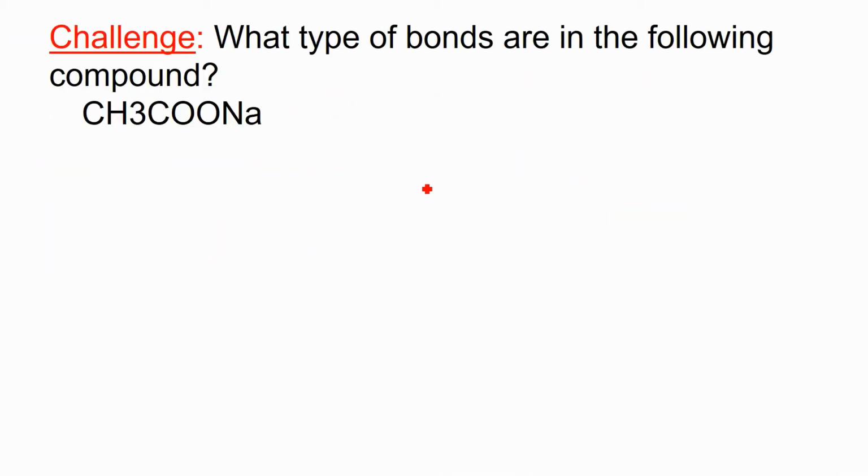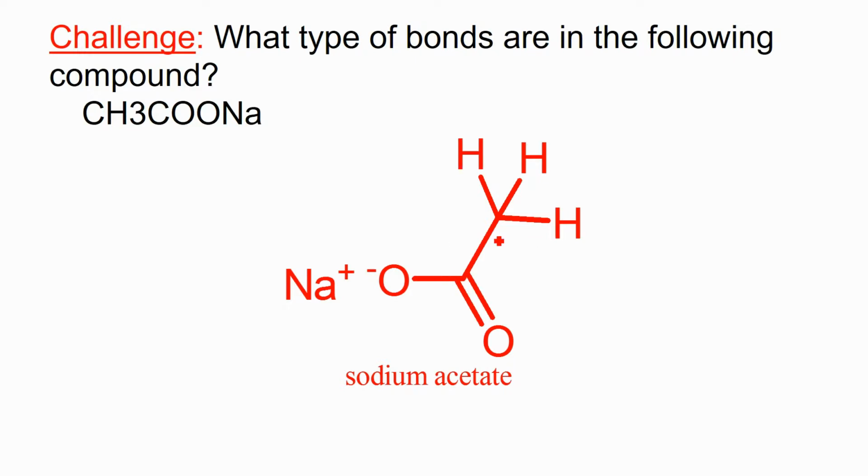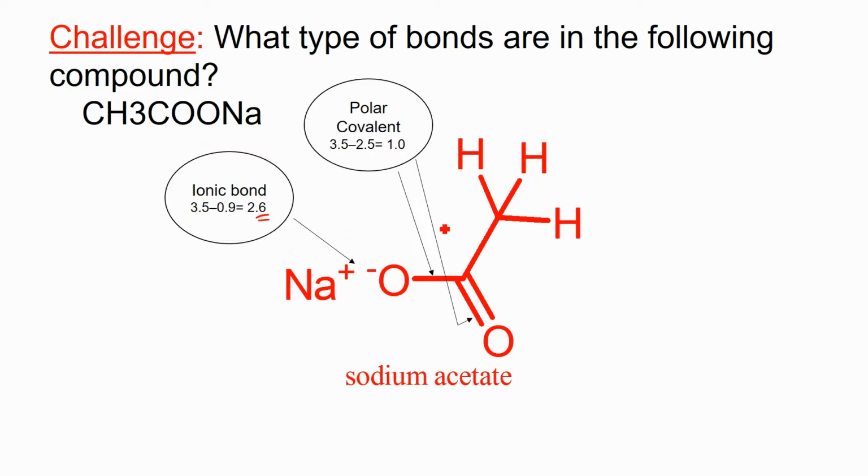So what type of bonds are in the following compound? You do your math, and you should find that between oxygen and sodium is completely ionic, the difference is 2.6. Each of these single bonds between the carbon, here you have a carbon by the way, where you have a corner, that's a carbon.